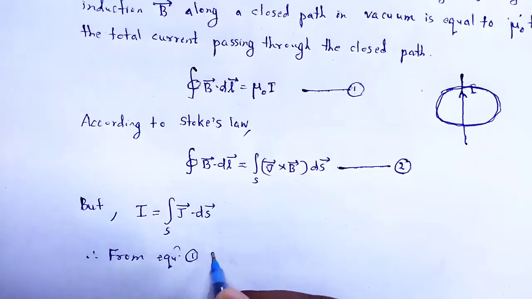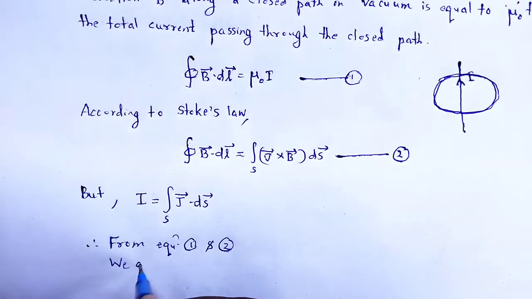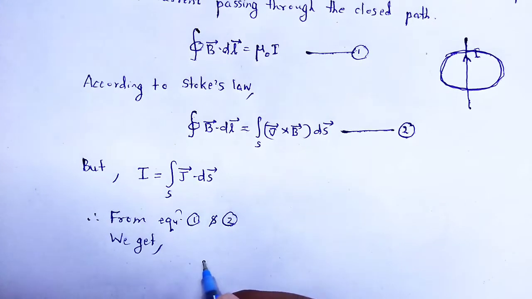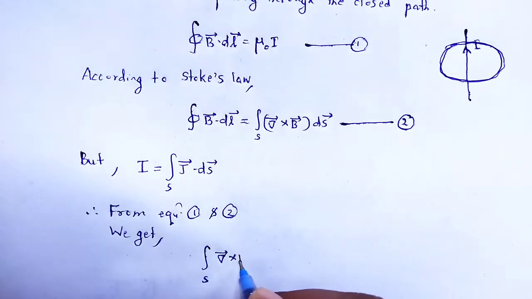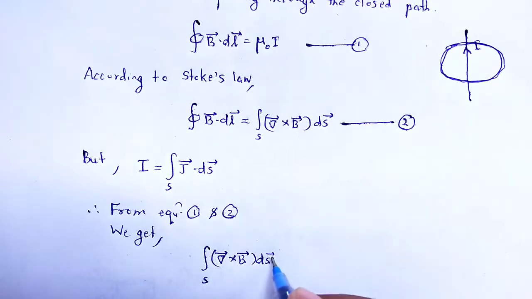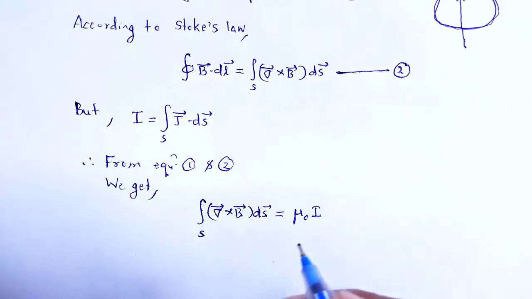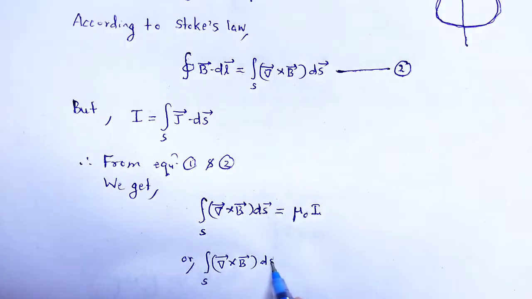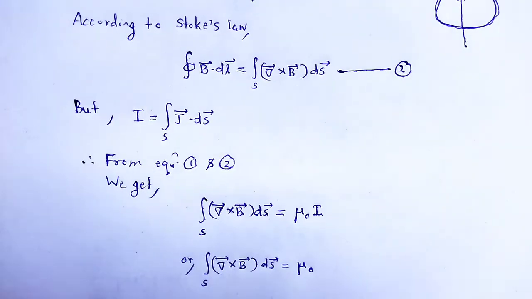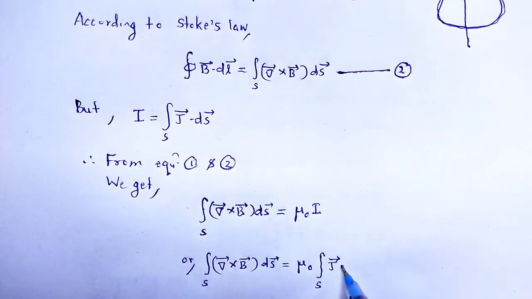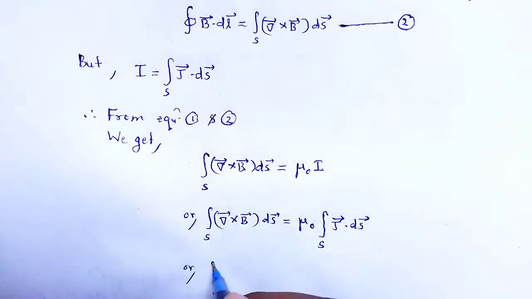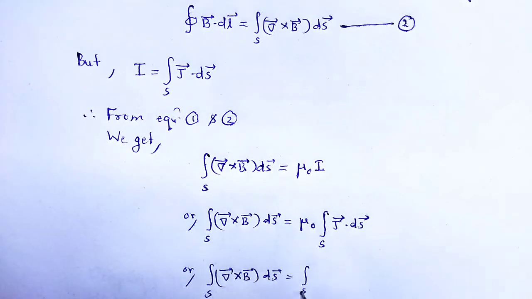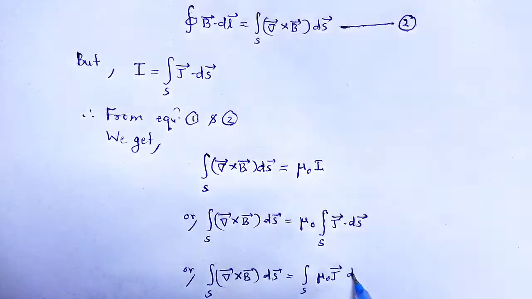from equation 1 and 2, we get surface integration over grad cross B ds is equal to mu naught into I, and in place of I we have surface integration over J dot ds, so surface integration over grad cross B ds is equal to surface integration over mu naught J ds.